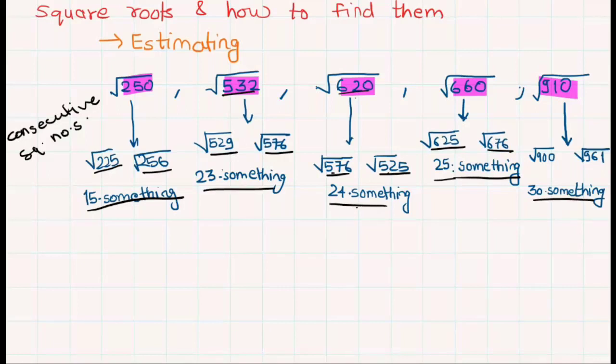So, this is just estimating the square root for non-perfect square numbers. If you are given any non-perfect square number, you should be able to estimate what the square root of it should be. In this method, you have to find two consecutive square numbers between which the given number lies. Okay.